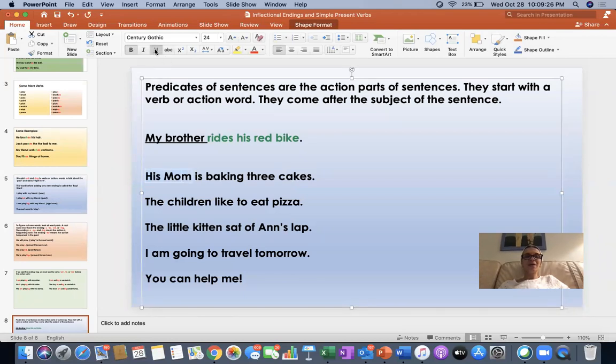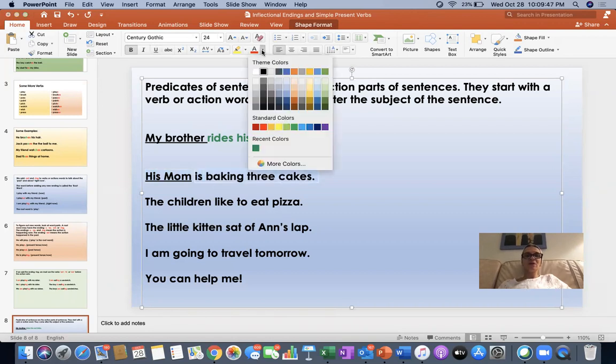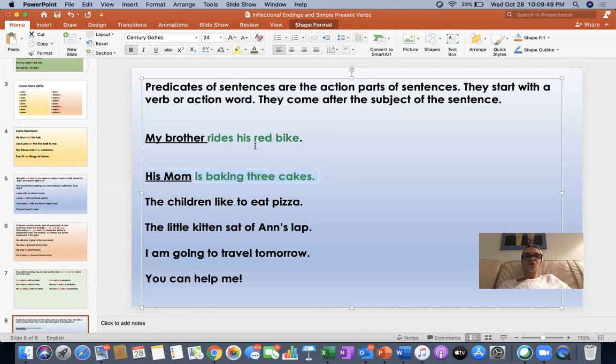That is my subject, and my predicate is the rest of the sentence. It starts with a verb. Is is a helping verb, and baking is my action word, and that's my predicate. I'm going to turn it green for you.